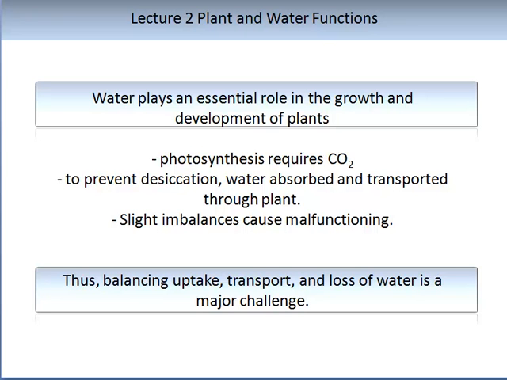As part of the process of fixing chemical energy, water molecules are split, and this is the functional role they play in photosynthesis. It is when you get slight imbalances of water that you can cause malfunctioning or less than optimal growth. So, to summarize, balancing water, its uptake, its transport, and its loss is a major challenge for all plants.